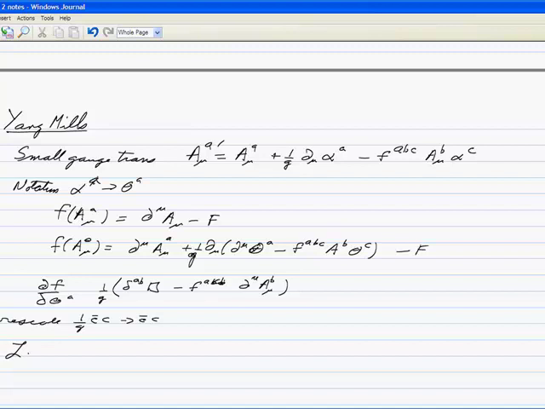Then our ghost Lagrangian is C bar A delta AB box, and I guess it's plus F ABC D mu A C mu C B. And there's a G now because I've rescaled.